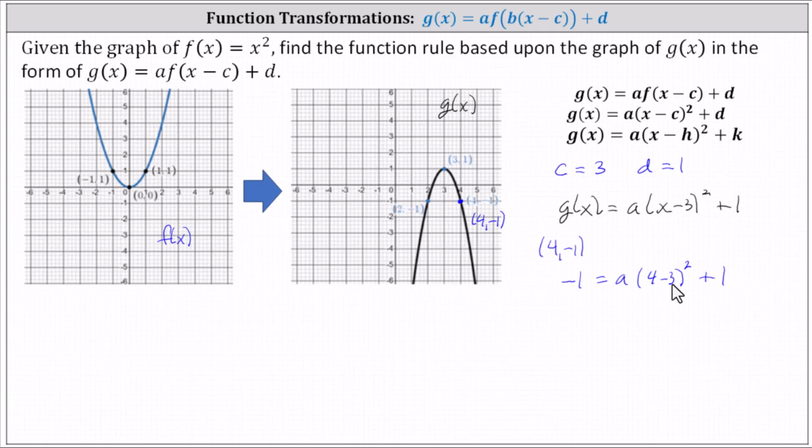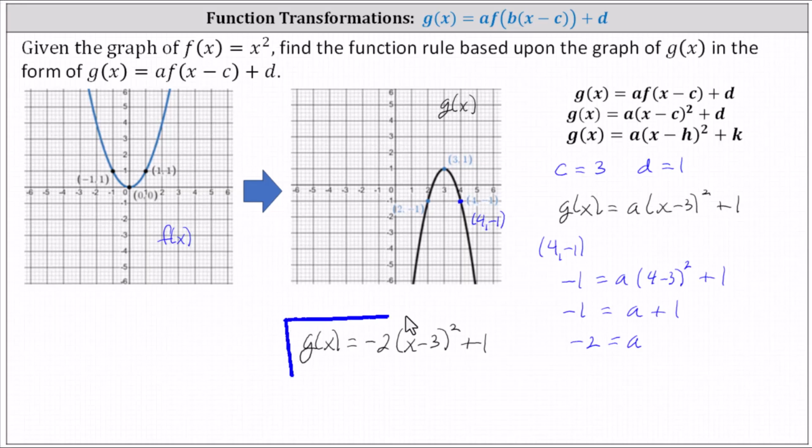Simplifying, 4 minus 3 is 1, the square of 1 is 1, a times 1 is a. We have negative 1 equals a plus 1. Subtracting 1 on both sides, we have a equals negative 2. Which means we now know that g of x is equal to negative 2 times the square of x minus 3 plus 1.